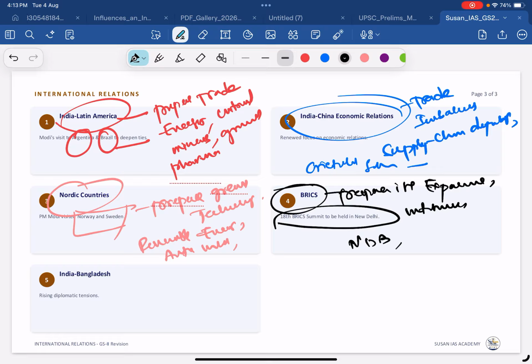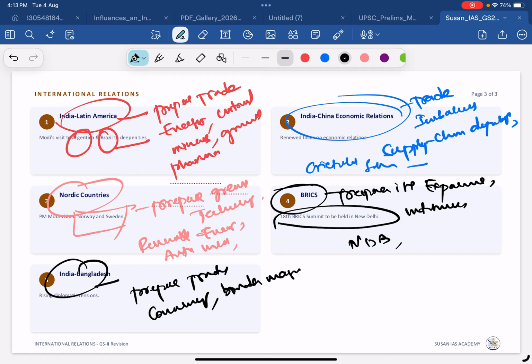Just because of these dimensions, BRICS is important for us. And also India-Bangladesh: prepare trade, connectivity, border management, water sharing, security, energy, and people-to-people relations.